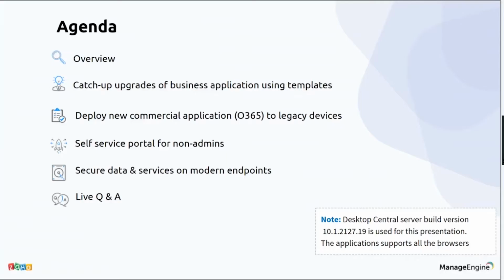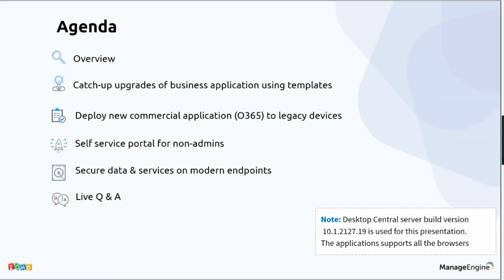Okay. We'll quickly look at the agenda for today's training. We'll give you a little overview about what Desktop Central is all about, what Unified Endpoint is all about, and we'll talk about application management within Desktop Central: how to deploy and upgrade a business application using the templates we have within Desktop Central.